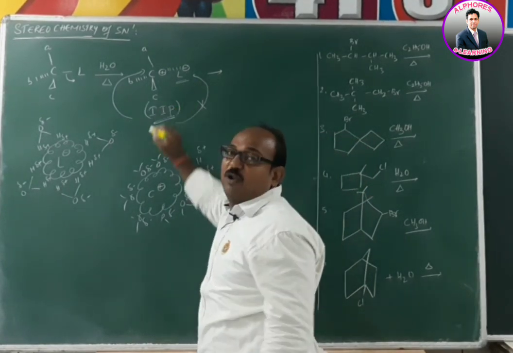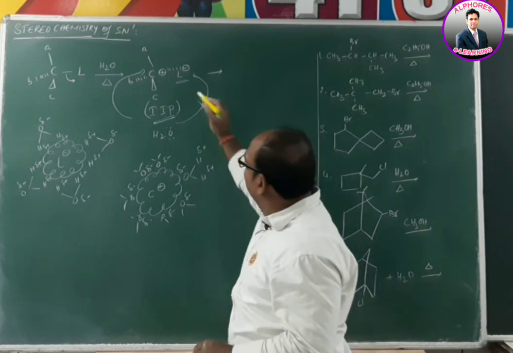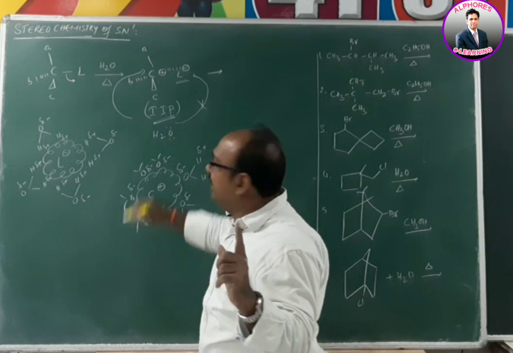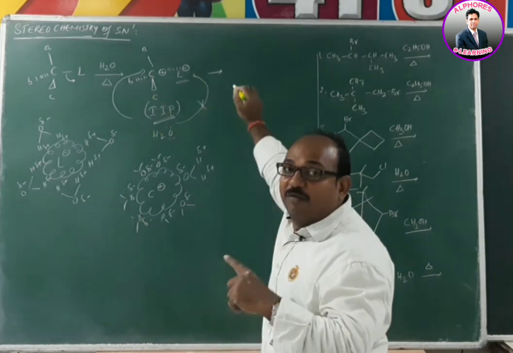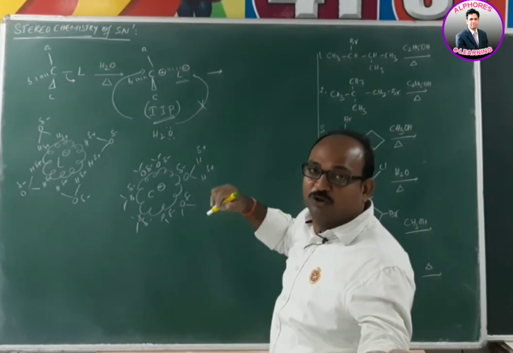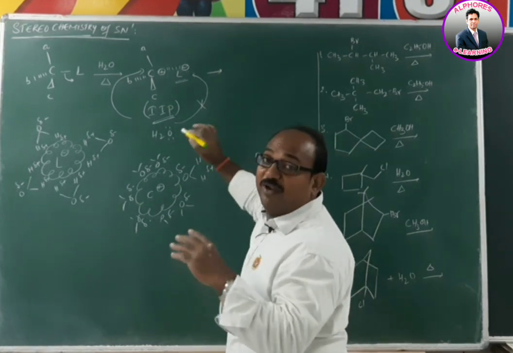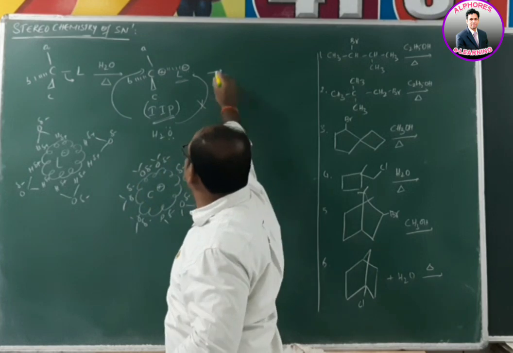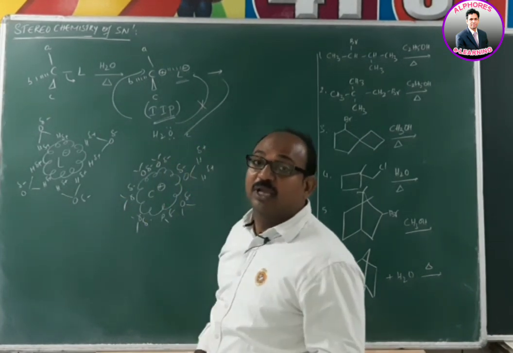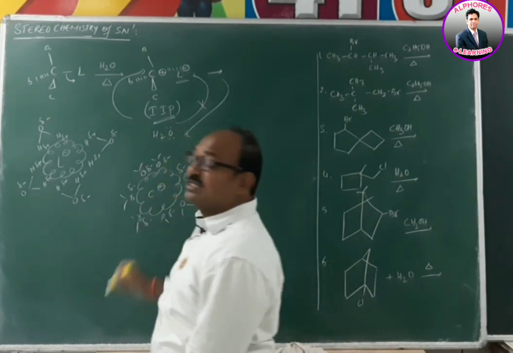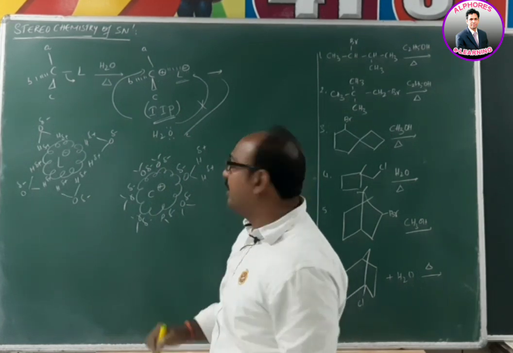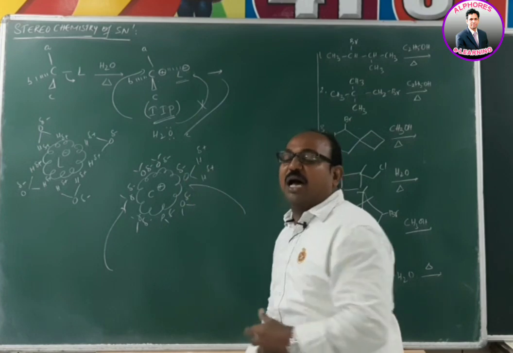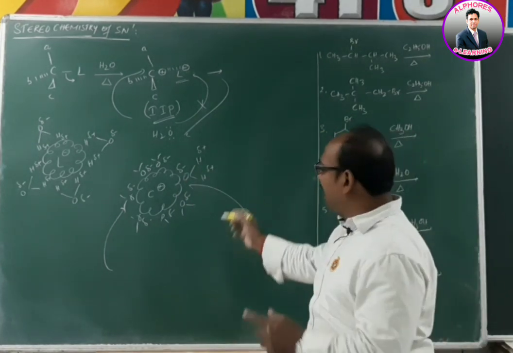So the intimate ion pair is stage 1. In the intimate ion pair stage, the nucleophile can approach only from the rear side. Whenever this intimate ion pair is converted into a completely solvent separated ion pair, with solvation like this, the carbocation is surrounded only by water molecules. Now the nucleophile approaches from either direction, from above the plane or from below the plane, so there are two possibilities.